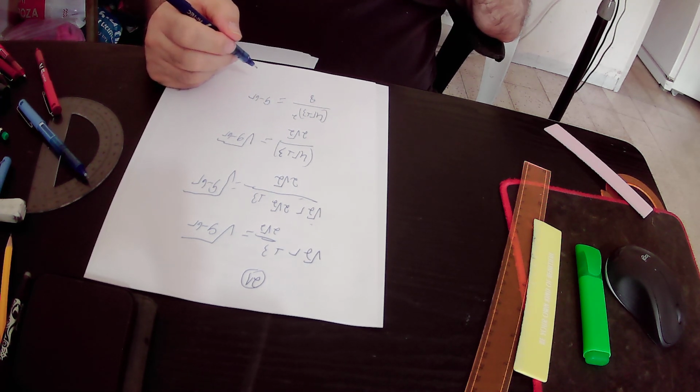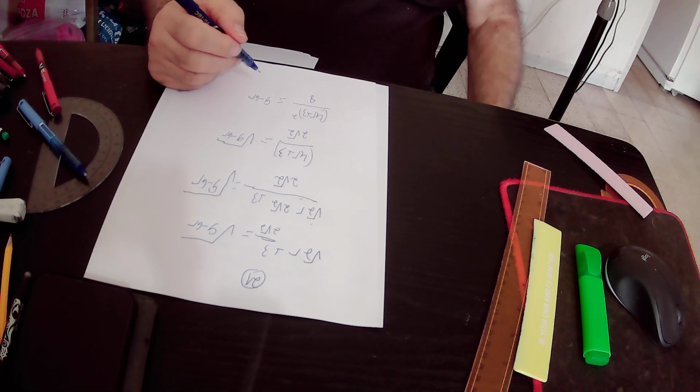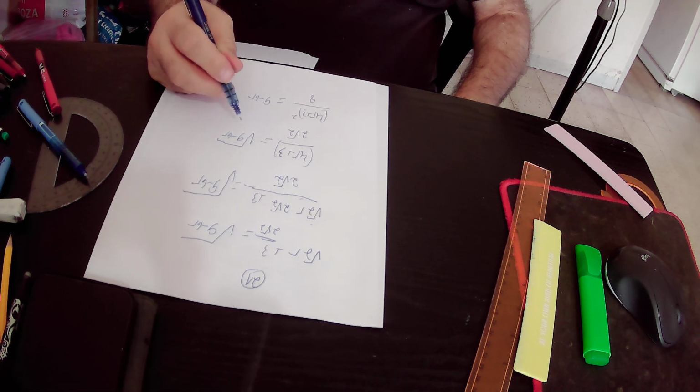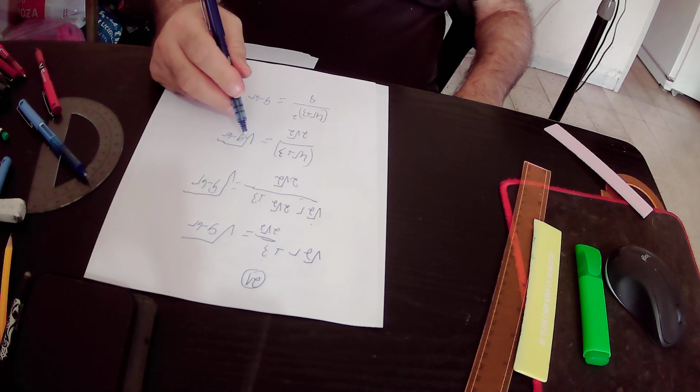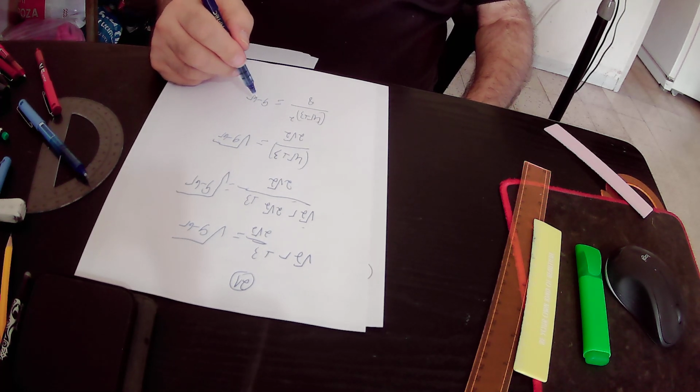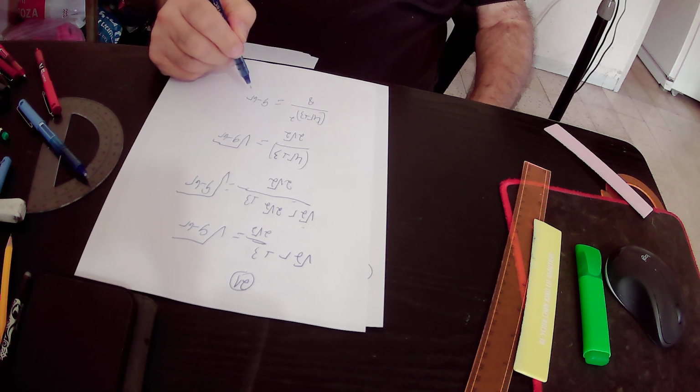The square and the root are two opposite functions, so if you do something and then you cancel it, you actually canceled the root, because the square is the opposite function of the root. So we are left only with 9 minus 6R.